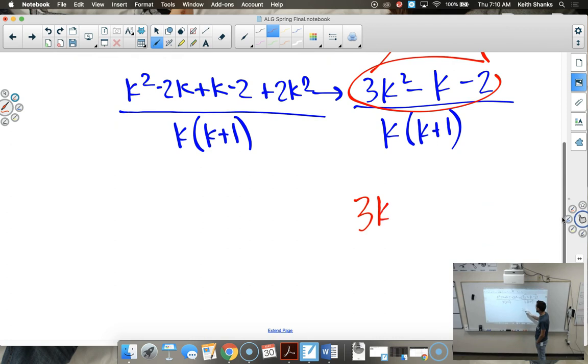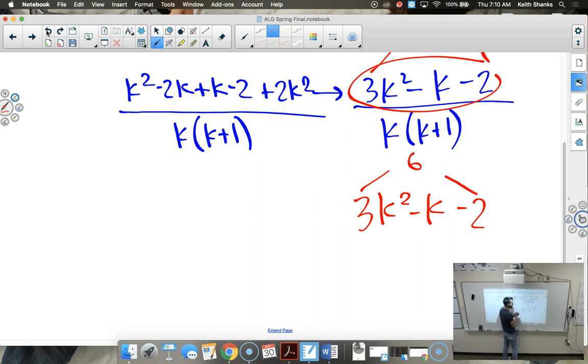Okay. I said this in another video elsewhere, but I'll say it again. If you have a number in front of k squared, you have to do an extra step when you factor. So that extra step, when you have a number in front of k squared or x squared, you multiply these together. So what I did at the top, you get 6.